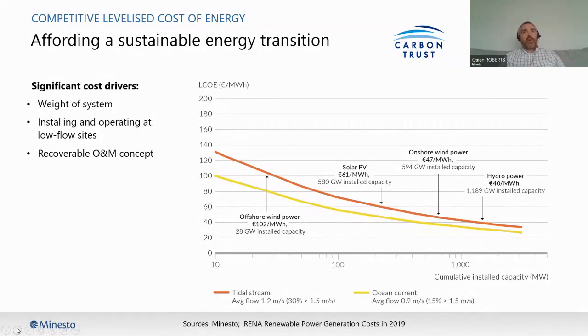That then leads us to be able to have a quicker and more effective installation and operating procedure at these low flow sites, and being low in weight, it brings down the costs. We can use smaller vessels, we can access the sites in larger windows, and we have a recoverable modular operations concept there. Next slide, please.